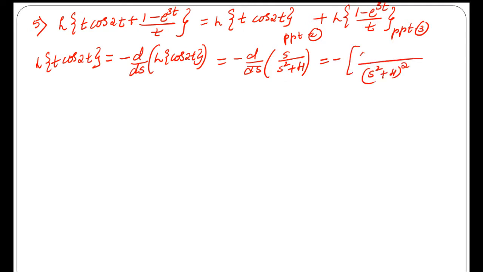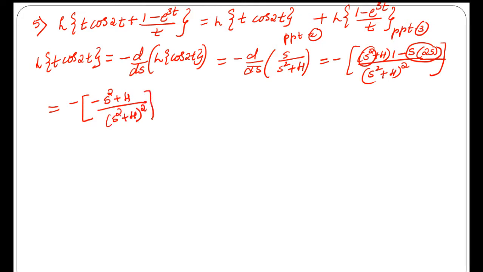So (s square plus 4) as it is, differentiation of s is 1, minus s as it is, differentiation of the denominator, that is 2s, all over (s square plus 4) the whole square. The minus sign we keep as it is. s square minus 2s square is minus s square, so minus of (s square plus 4)... or we multiply by this negative sign, we get (s square minus 4) divided by (s square plus 4) the whole square. That is the answer for the first term.